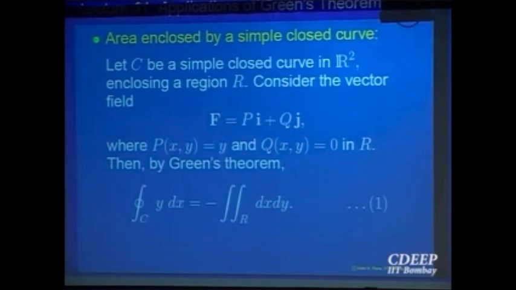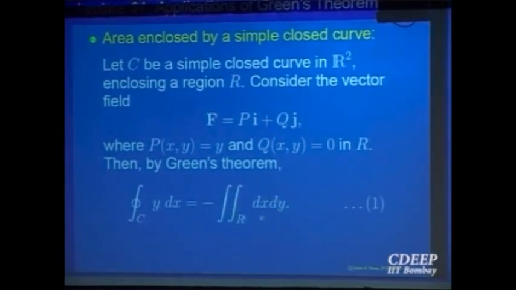So let us make that 1 by choosing our vector field suitably. One choice is you take P(x,y) equal to y, it does not depend on x, and Q equal to 0. Then minus the partial derivative of P with respect to y gives you minus of that. So the area is minus the line integral of y dx over that curve.